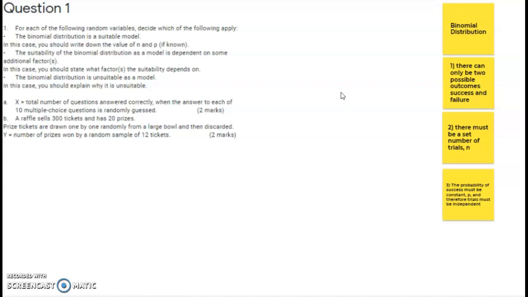Can we tick that box? Yes, they're either going to get it right or wrong. It doesn't matter how many different options there are on the multiple choice question. The success is getting it right and the failure is getting it wrong. So I can tick that first criteria.